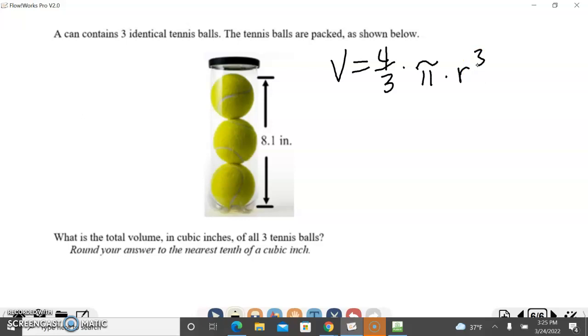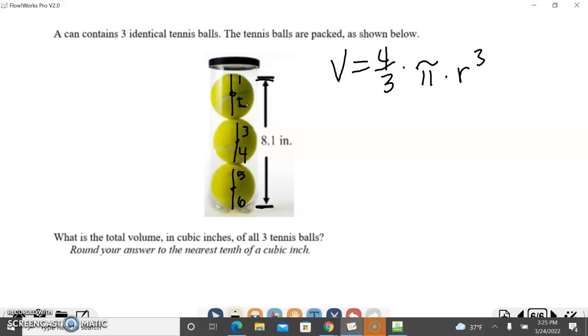So if we think about this, I have a height that if I divide by 3 is going to give me the diameter of one of them. Now we know that the radius is half of the diameter, so if we think about the radius, there are 1, 2, 3, 4, 5, 6 radiuses that make up this total height of 8.1 inches.